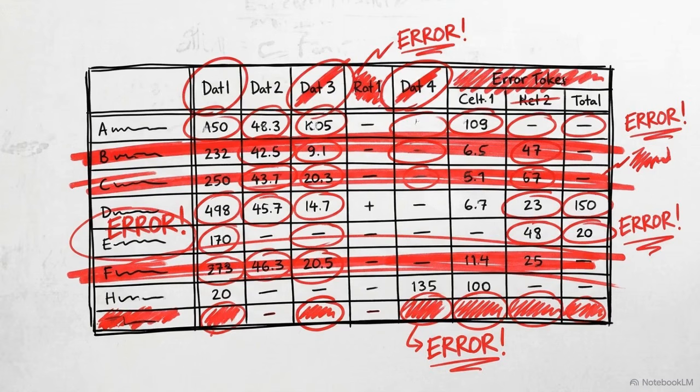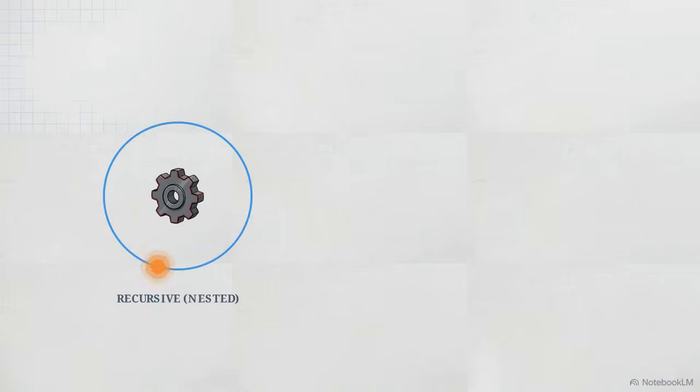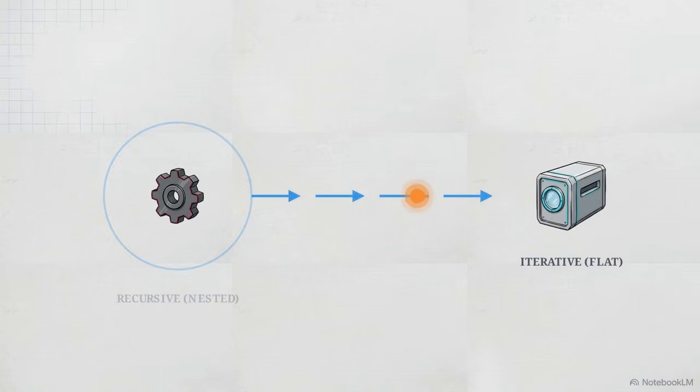Deep nesting transitions a fast logic processor into a permanent, unauditable liability. Building resilient, audit-proof analytical models requires mitigating that structural risk entirely. This demands a distinct shift away from recursive architectures, moving directly toward iterative processing.